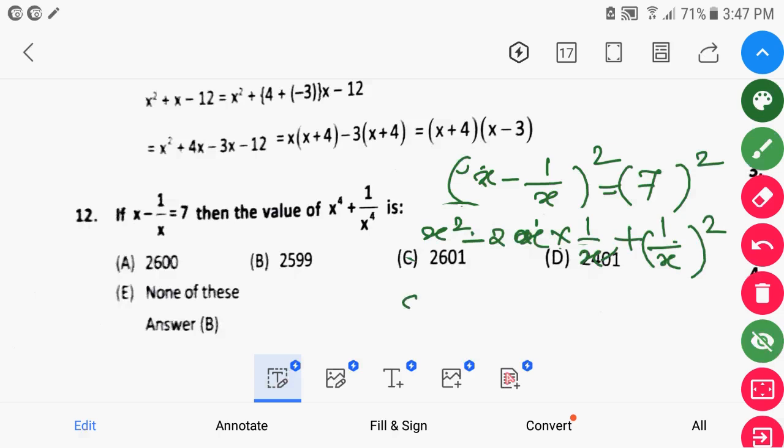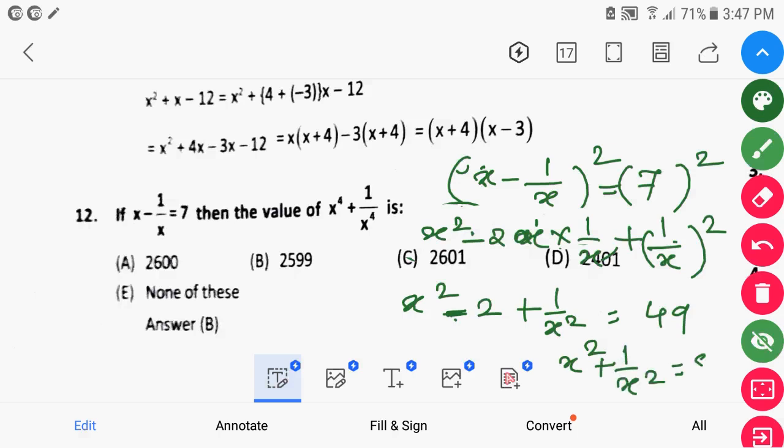Now this is x square minus 2 plus 1 upon x square is equal to 49. Now this 2 is in subtraction, so it will go to the other side and become positive. So x square plus 1 upon x square is equal to 51.